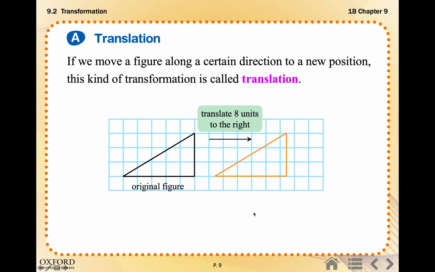For example, if you have a triangle here, can you see the original one? We mark the original figure here. If we translate this 8 units to the right, that means move to the right-hand side for 8 units.